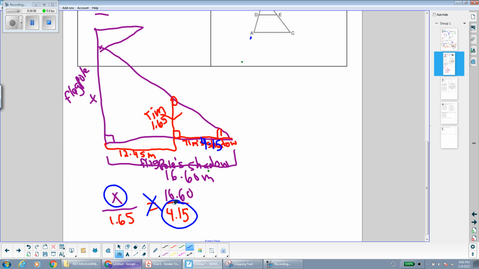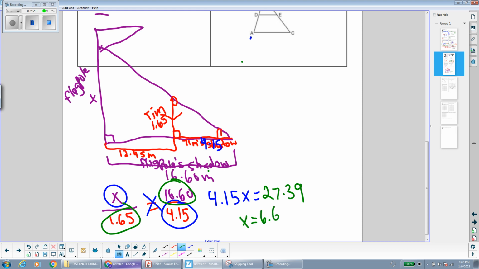So we have 4.15x, let me put that down here, is equal to, let me do 16.60 times 1.65 on my calculator, and I got 27.39. And now to divide both sides by 4.15, I got that x is equal to 6.6. So the height of the flagpole is about 6.6 meters.